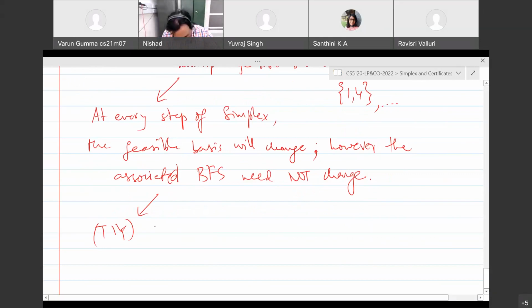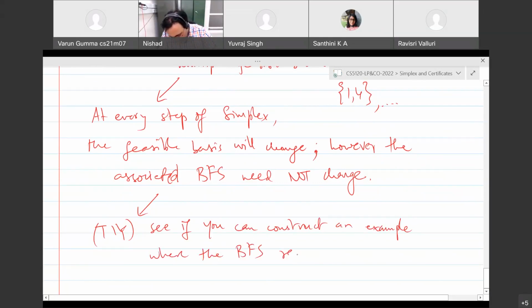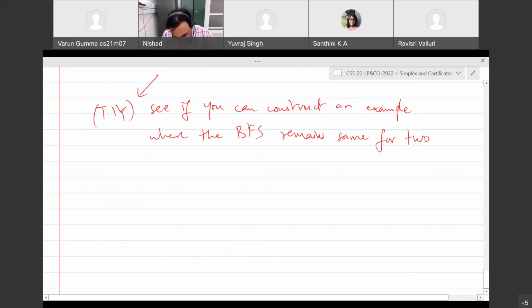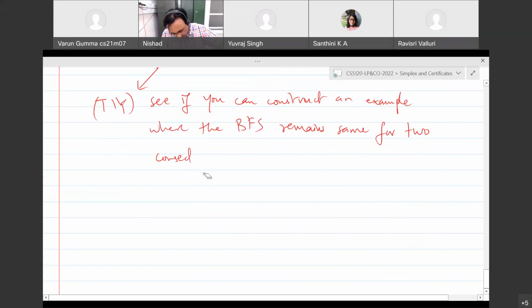Okay, see if you can construct an example where the BFS remains same for 2 consecutive iterations of simplex.